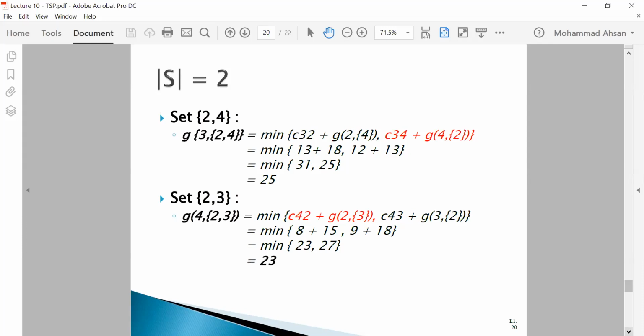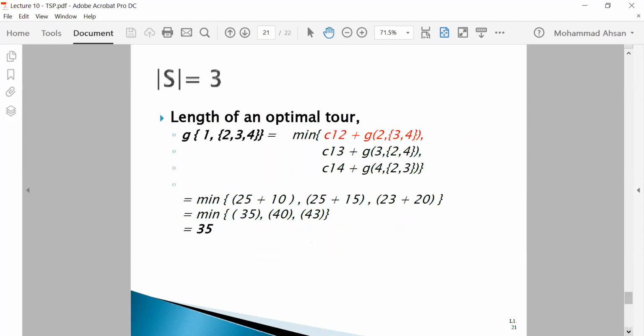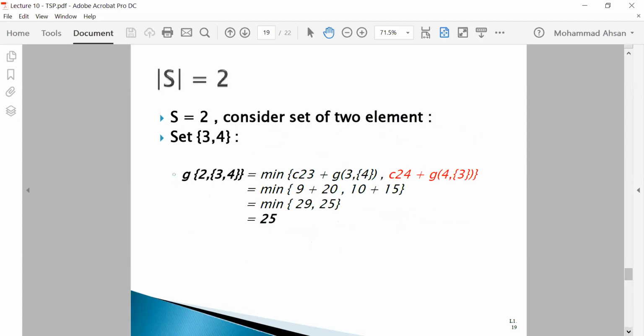If you are left with, see, what are the combinations? 2, 4, 2, 3, and 3, 4. So when you say this set is of size 2, what you have is 3 vertices.